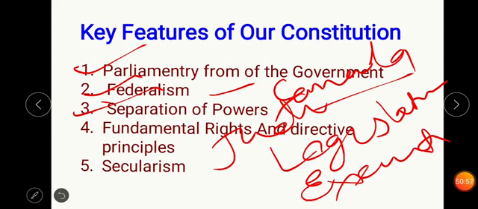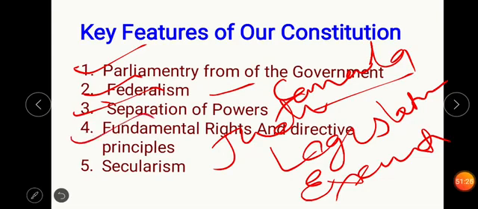If there is a collapse or a dispute, then the judiciary will resolve the problems and disputes. So each of these organs acts as a check on the other and controls arbitrary use of power by any one organ of the government. So this is about that.